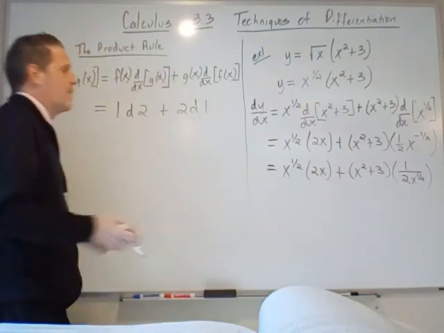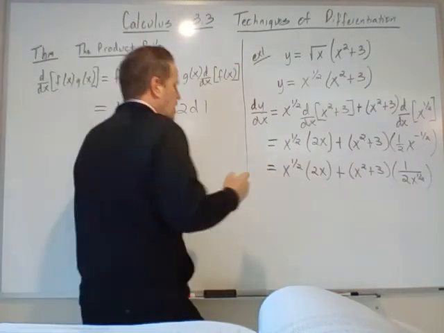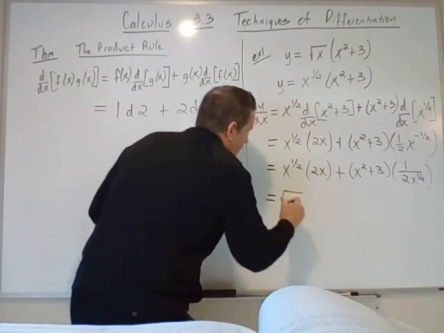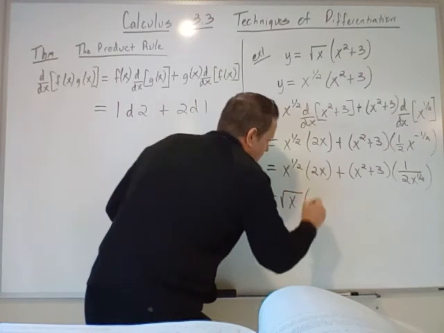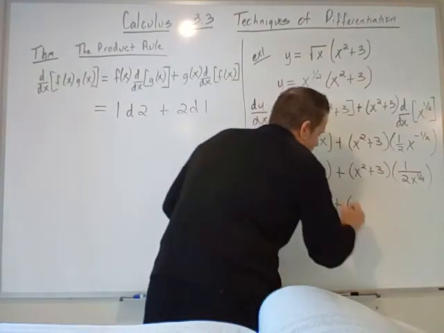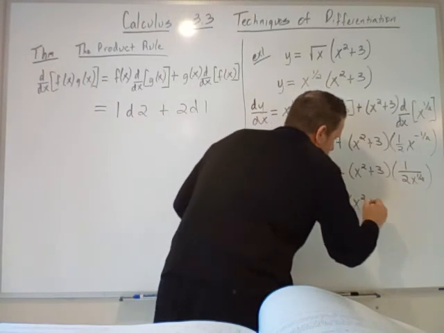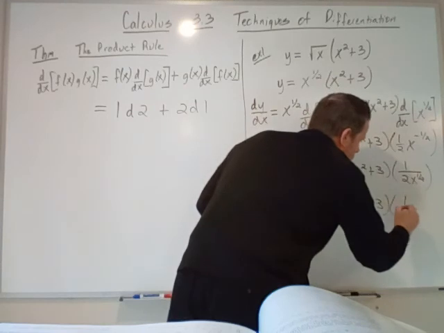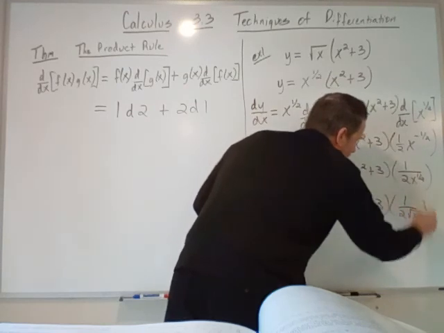And then maybe somebody says, well, I don't like to have the 1/2 power, so I'm going to change them back to square roots. So x to the half is the square root of x. Then I've got 2x here, plus that quantity x squared plus 3, and then I've got 1 over 2 times the square root of x.